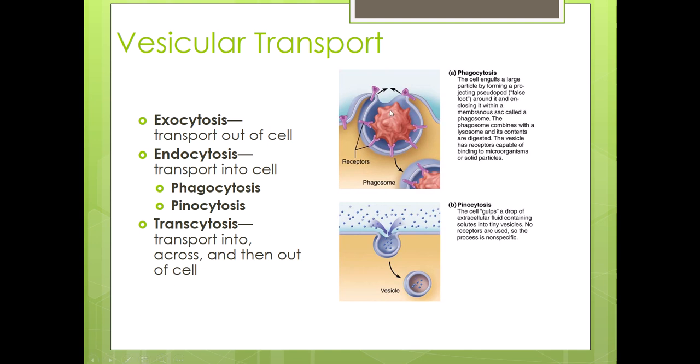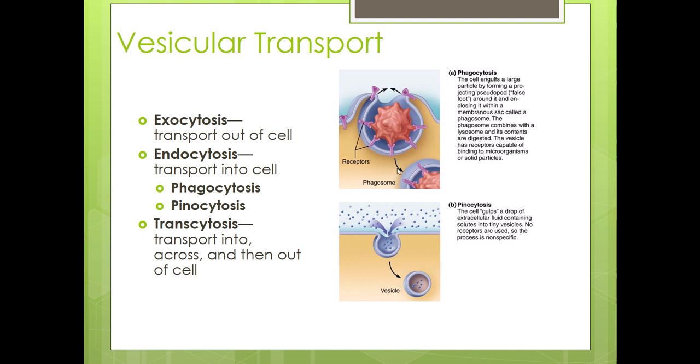And phagocytosis is what you're seeing here. So here you have your little cell, and let's say it sees maybe a bacteria, right? It basically extends around the bacteria, sucks it in, and then usually merges it with a lysosome, which has a bunch of digestive enzymes that can eat it, essentially.